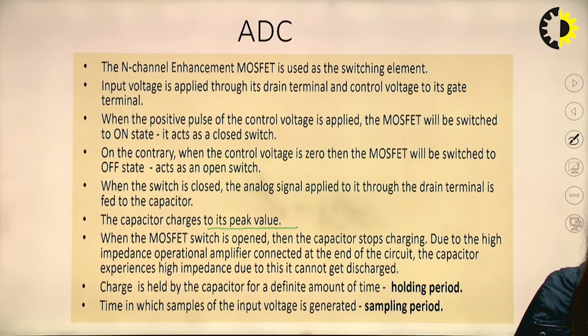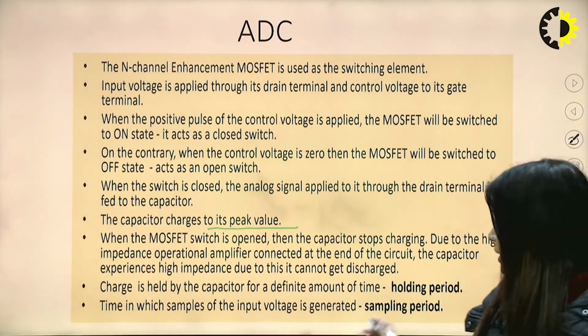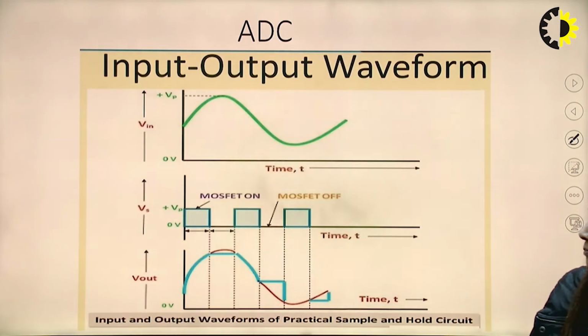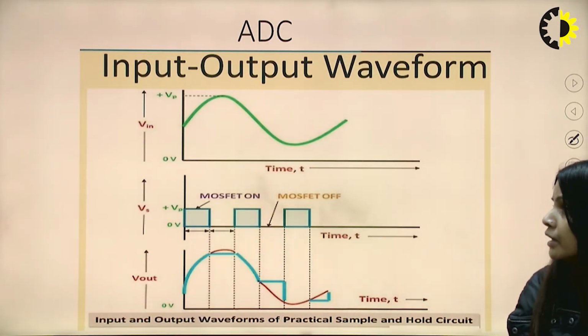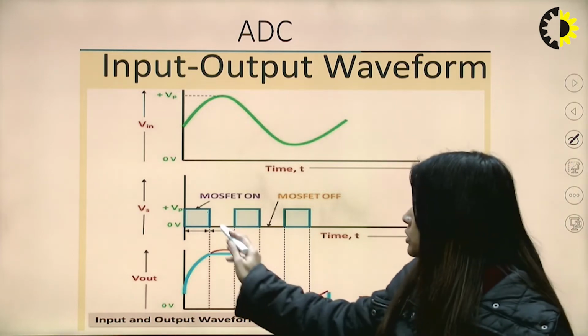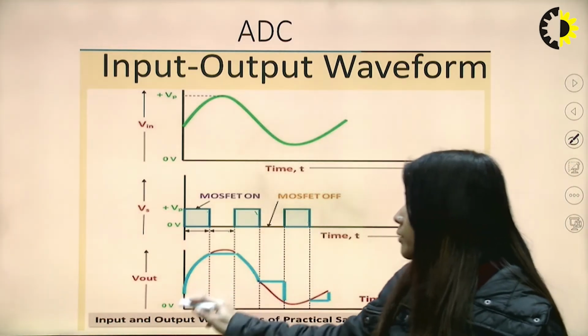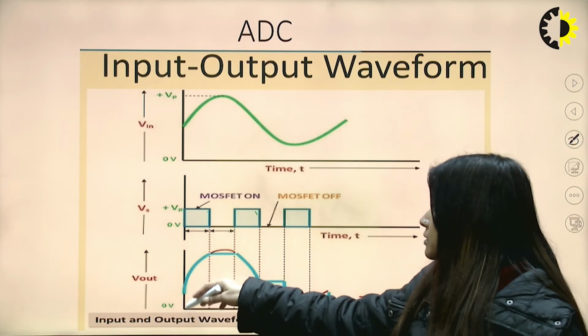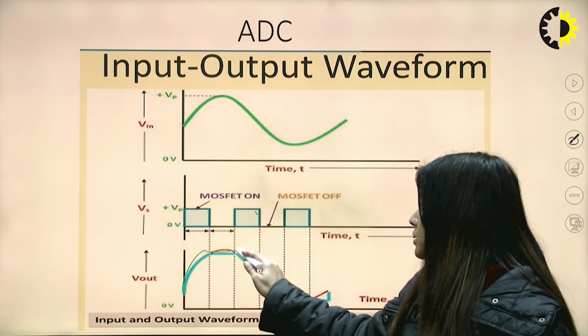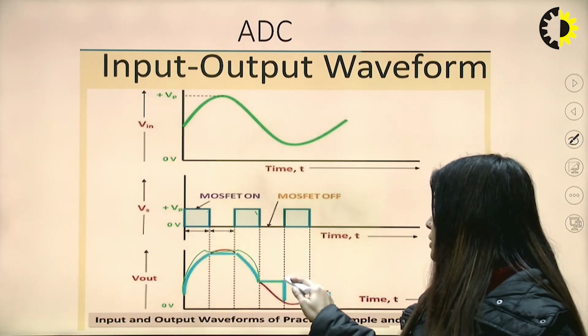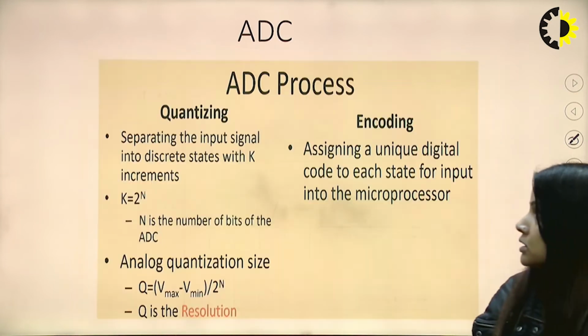That is known as the holding period, and the time in which samples of the input voltage are being generated is known as the sampling period. So the MOSFET switches on, off, on, off, and the capacitor is charged, held, then discharged, held, like this. This is the complete process.